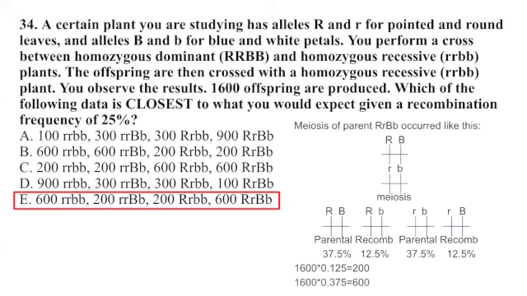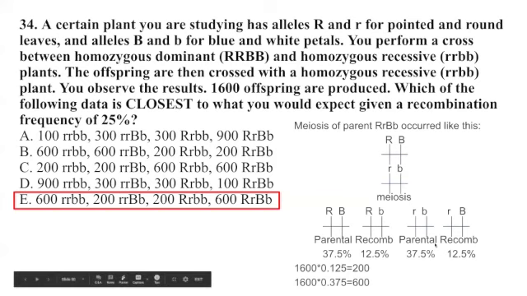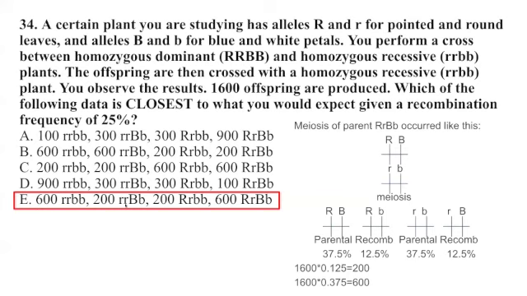And so if we actually do the math here, we get E: 600 with homozygous recessive, 200 with homozygous recessive for R and heterozygous for B, 200 heterozygous R, homozygous recessive B, and 600 of the heterozygotes for both here.